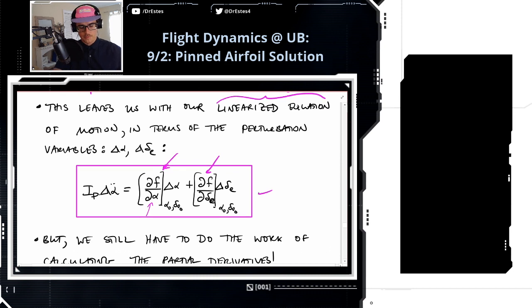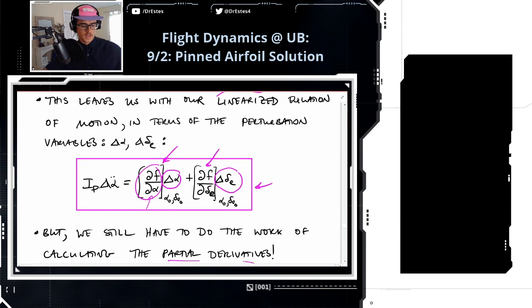This is the general form of it, but this equation of motion is linear in terms of the perturbation variables. In the original nonlinear equation, we had cosine of alpha, and that's a nonlinear expression of alpha. Now it's just this constant times delta alpha.